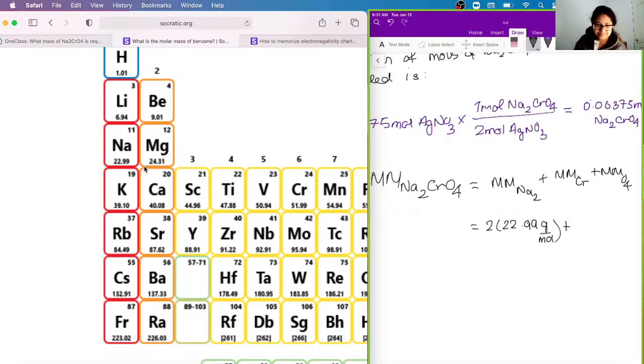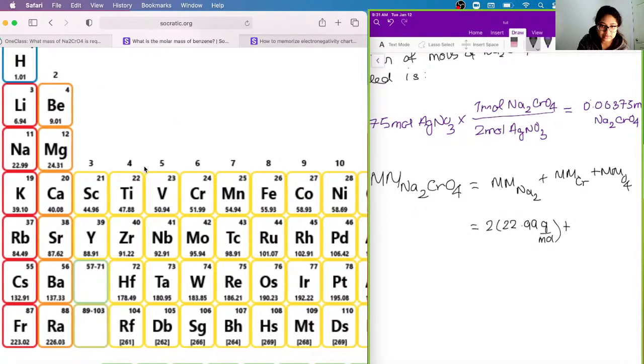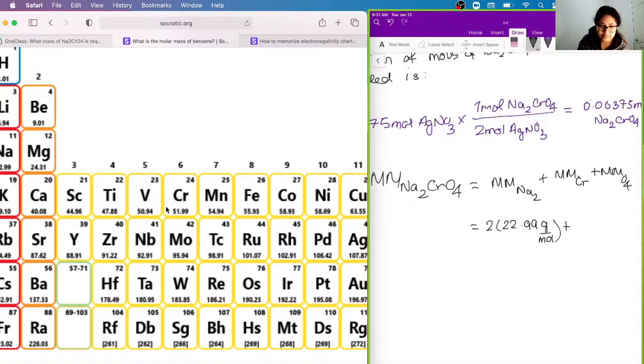That's chromium. Chromium is right here, and it has a molar mass of 51.99.